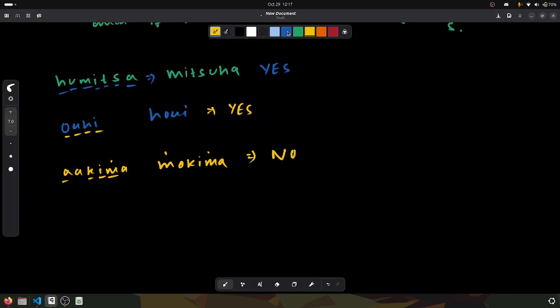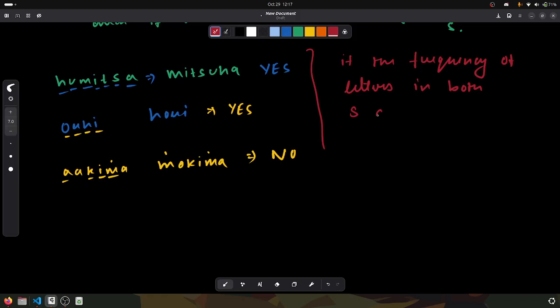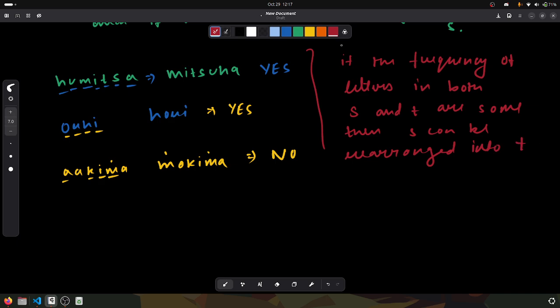So basically what we need to check is simply if the frequency of letters in both S and T are same, then S can be rearranged into T. This is quite obvious because if the frequency of each alphabet is same, then we can just position them to their specific positions in the string T and S will be rearranged into T. But if some alphabet has different frequencies in S and T, then no matter what we do, we cannot transform S into T by rearranging the alphabets.